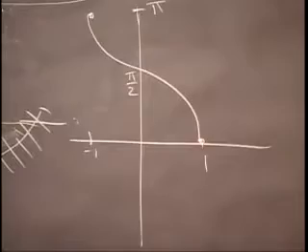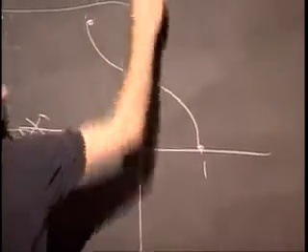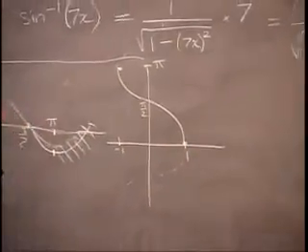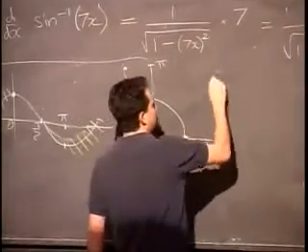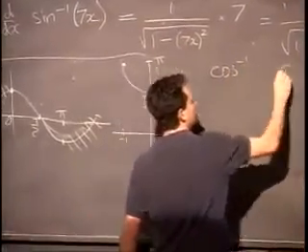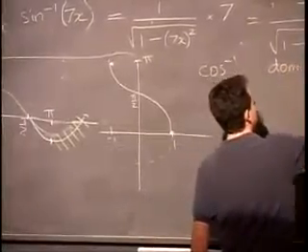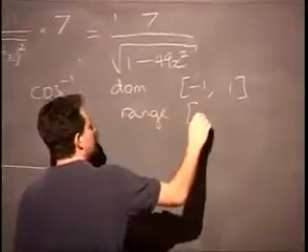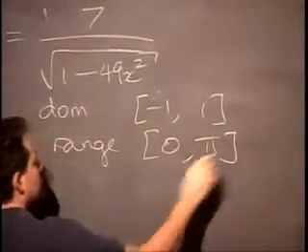If you look at that, it's just cosine tipped on its side. But we've changed where we've restricted it. So in fact, for inverse cosine, the domain is again minus 1, 1, but this time the range is 0 to pi.